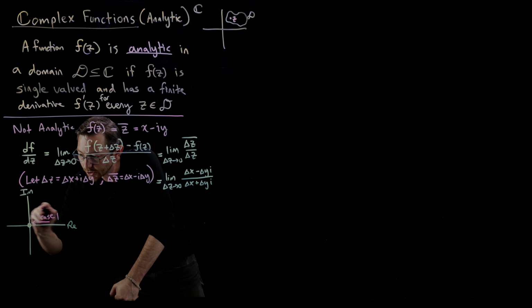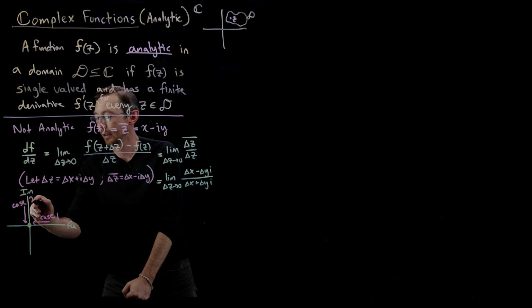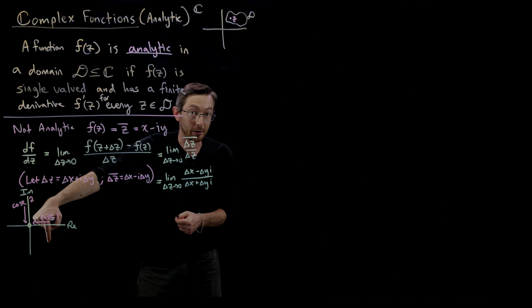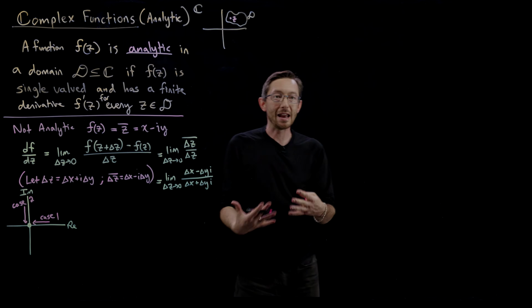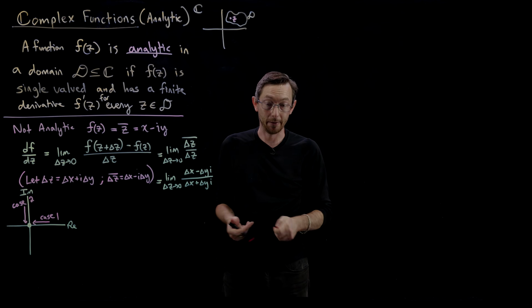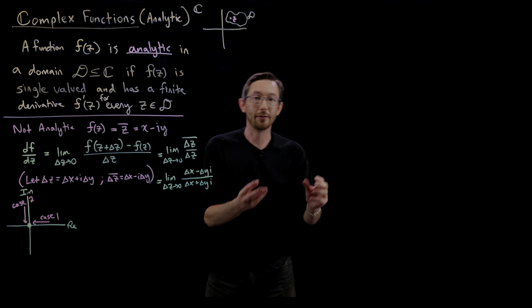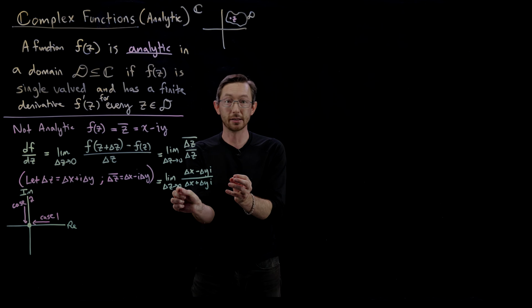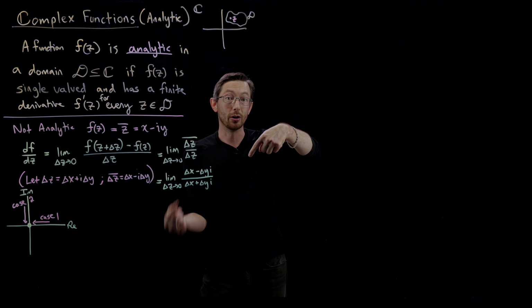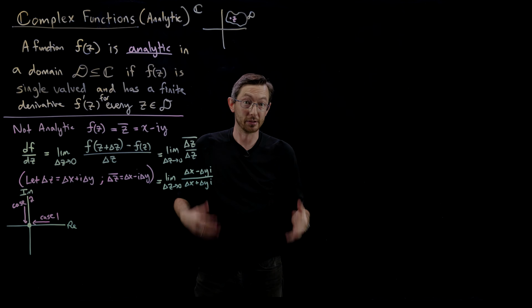And then case 2, I'm going to freeze the real part to 0, and I'm going to take the limit as delta y goes to 0. And for the derivative to make sense, those two limits should be the same thing. Regardless of how I approach delta z goes to 0, this derivative should be the same thing no matter what direction I approach delta z equals 0.